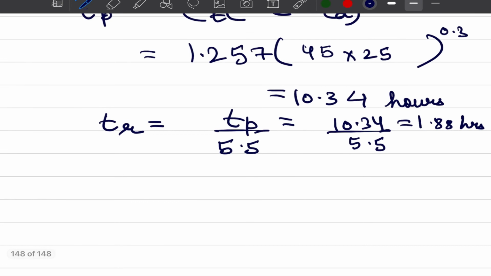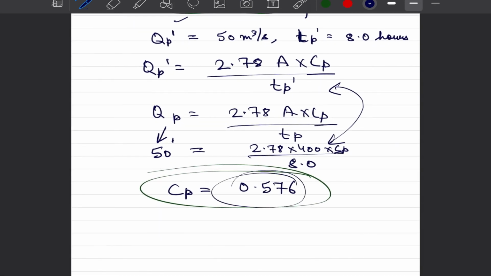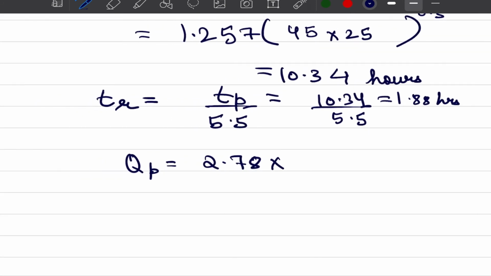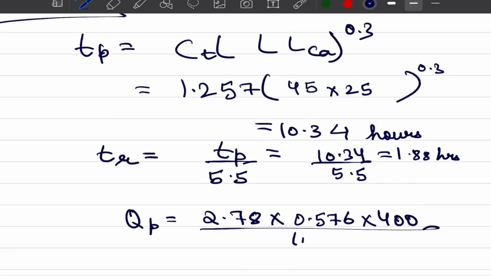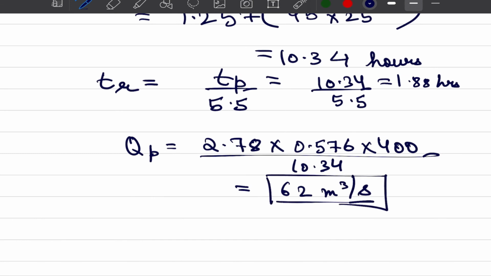Now that we have determined TP and TR, we can determine QP as 2.78 into CP, which we will use from the previous basin coefficient, 0.576, multiplied by area of catchment B divided by TP, which in this case is 10.34 hours, and this comes out to be approximately 62 meter cube per second.